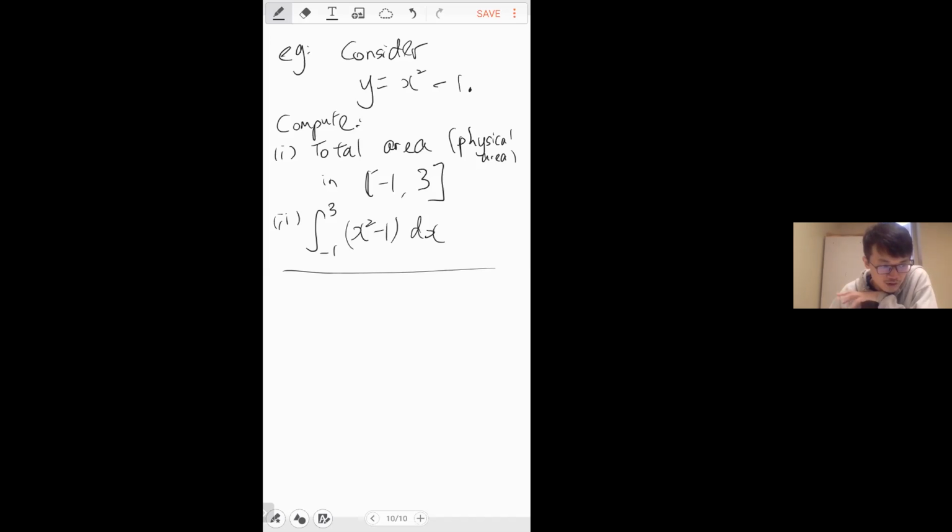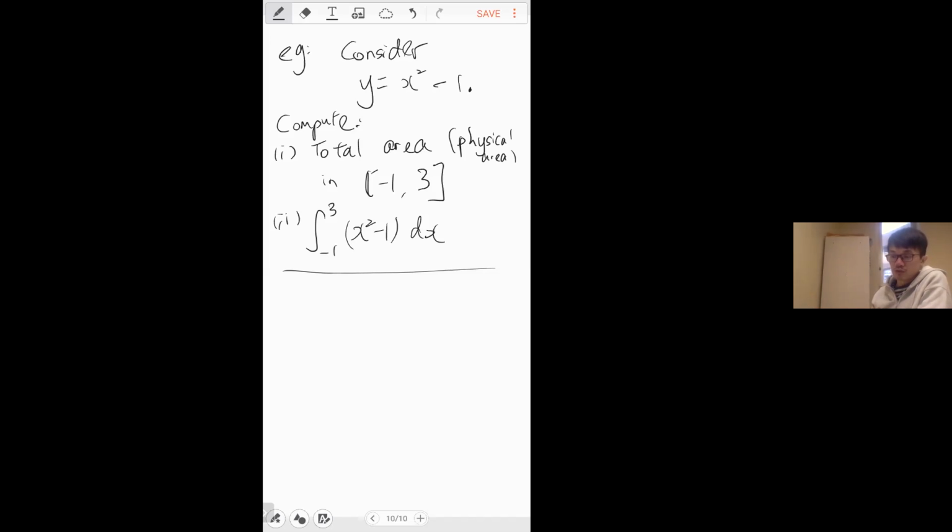So I should ask, does everyone understand the difference between these two? Are they going to be the same? Remember that the very first definition of the definite integral was the area under the graph from the lower limit to the upper limit.